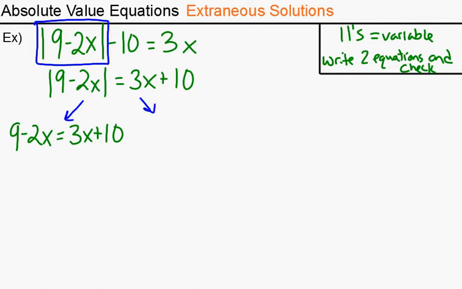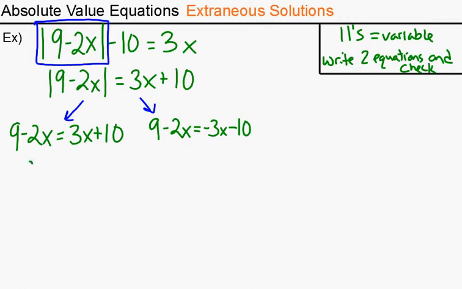And the other equation is going to be, I keep the left the same, 9 minus 2x. This equals, normally I would take the negative of the right-hand side. Well, here I'm just going to flip all the signs. So this would be negative 3x minus 10. Originally it was 3x plus 10, so negative 3x minus 10. And these are my 2 equations. They're both just linear equations I need to solve.